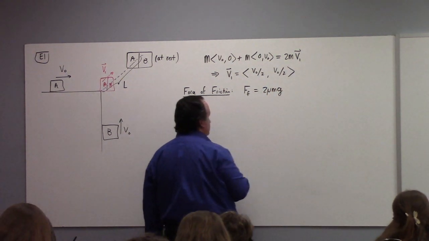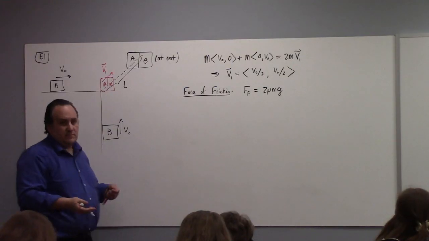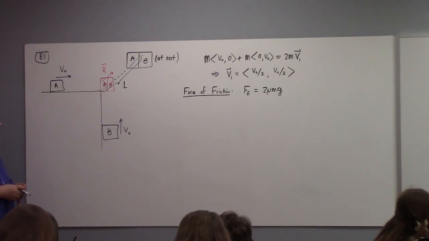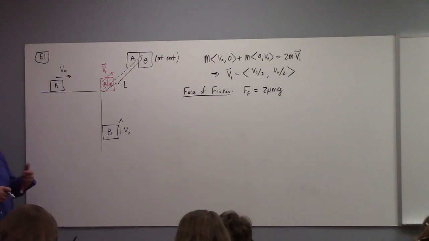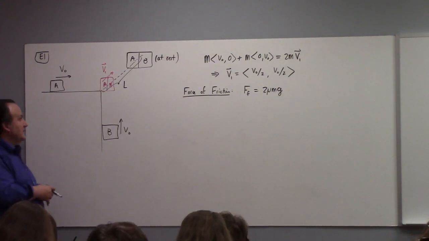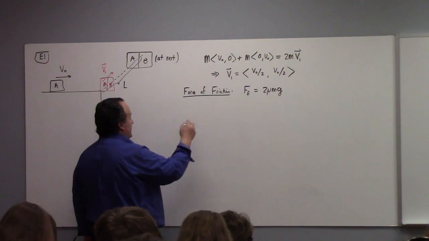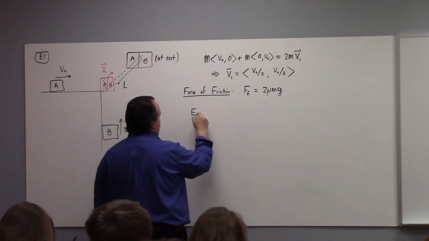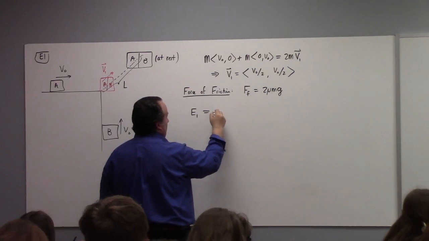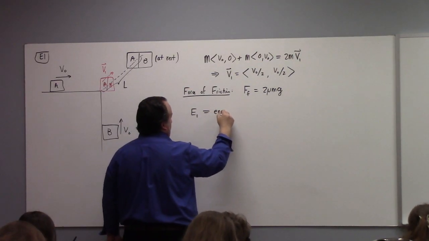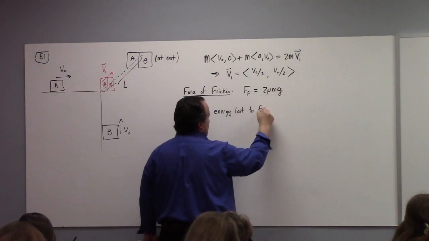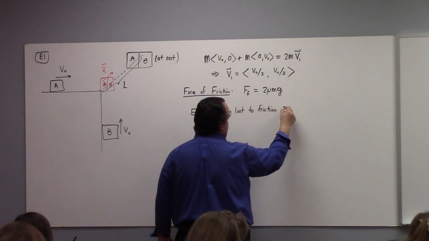The weight of the combined cars is 2 mg, and that times mu gives me the force of friction. And the energy at 1 is equal to the energy lost to friction. So what is the energy lost to friction overall?